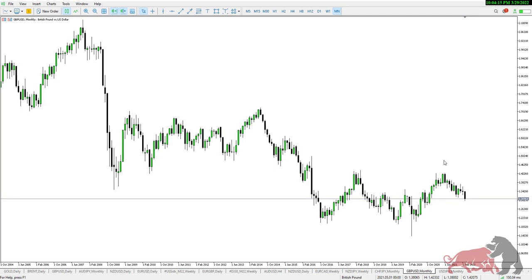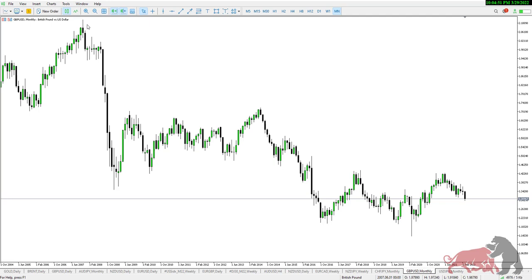When you're doing this type of analysis, especially on MWD, it's just a case of understanding where price is in relation to your premium and discount array. Where is price going? Are we going to see further moves to the upside, or further moves to the downside? The monthly chart can instantly tell you that.